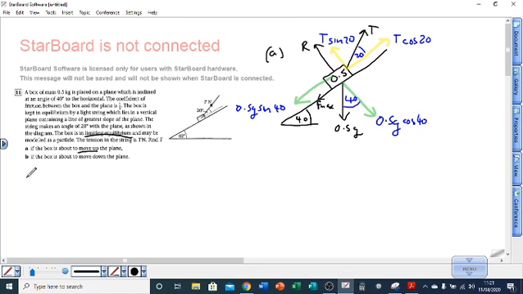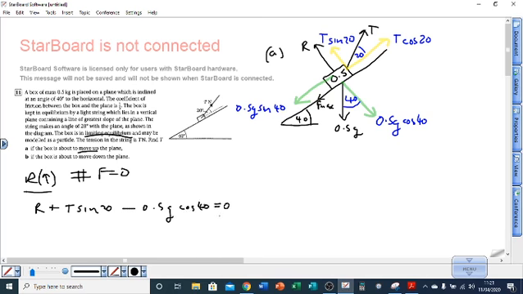So I'm going to resolve perpendicular to the plane, up is positive, using net forces, because we're in limiting equilibrium, is equal to 0. I end up with the only two forces being plus T sin 20, and the opposing one is negative 0.5 g cos 40, and that is equal to 0.